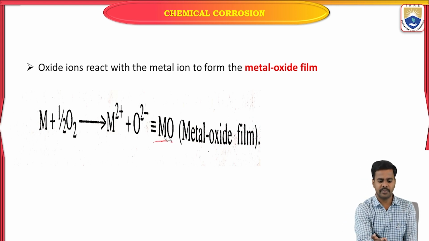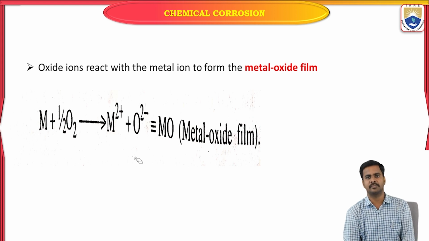Once the metal oxide film is formed on the surface of the metal, the process of corrosion is initiated. That means the metal gradually undergoes degradation.